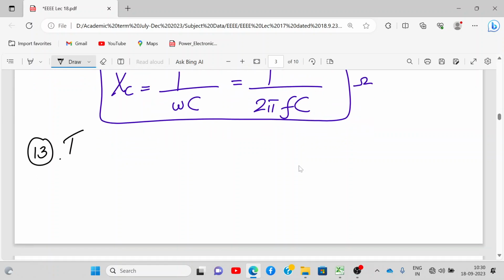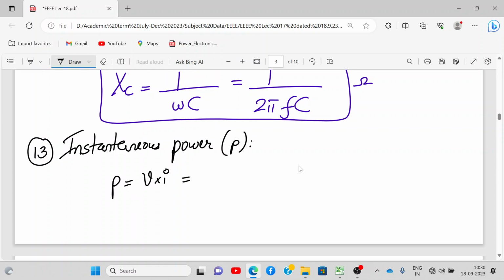Instantaneous power, small p, will be given by V into I. That will be Vm sine omega t, Im sine omega t plus pi by 2. So sine omega t plus pi by 2 can be written as cos omega t.